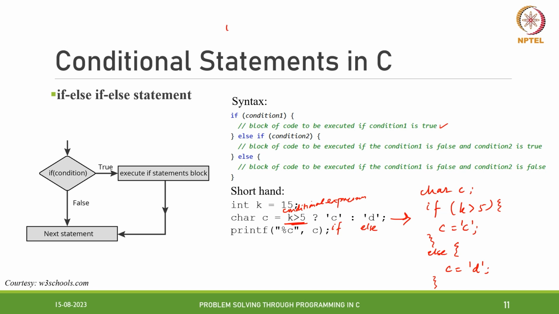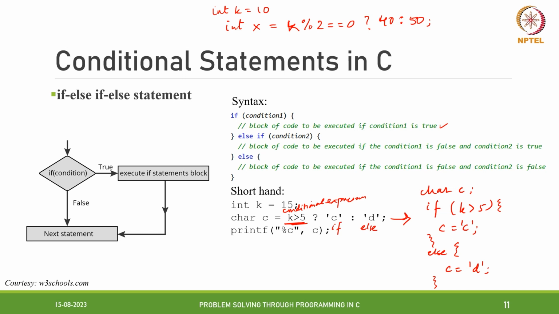Okay, so let me say you have int k equals 10. And I'm defining another int x equals k modulo 2 equals 0, if that is true, then the value of x is, say, something like 40. If it is not, then it will be 50. Now what will happen here?